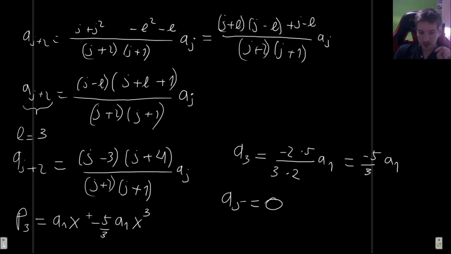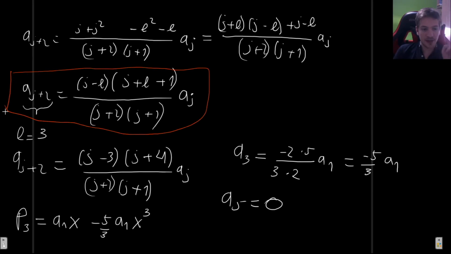You can just plug this into the equation and you will see that this indeed satisfies it. And you can see there's an infinite amount of solutions, there's an infinite amount of polynomials, and this is the formula with which you can determine each of them given a certain L. You could have done the same procedure for example L equals 4 or something, and you would have gotten your polynomial.